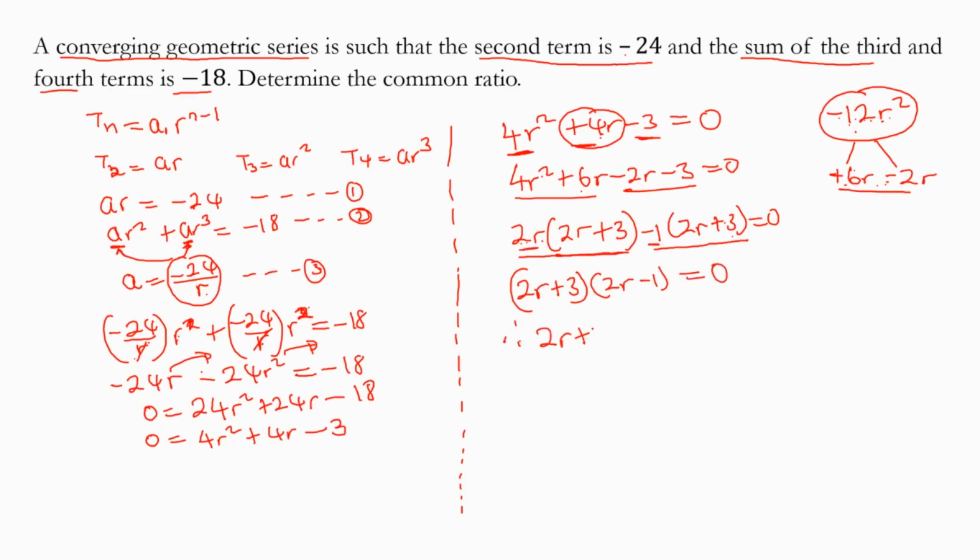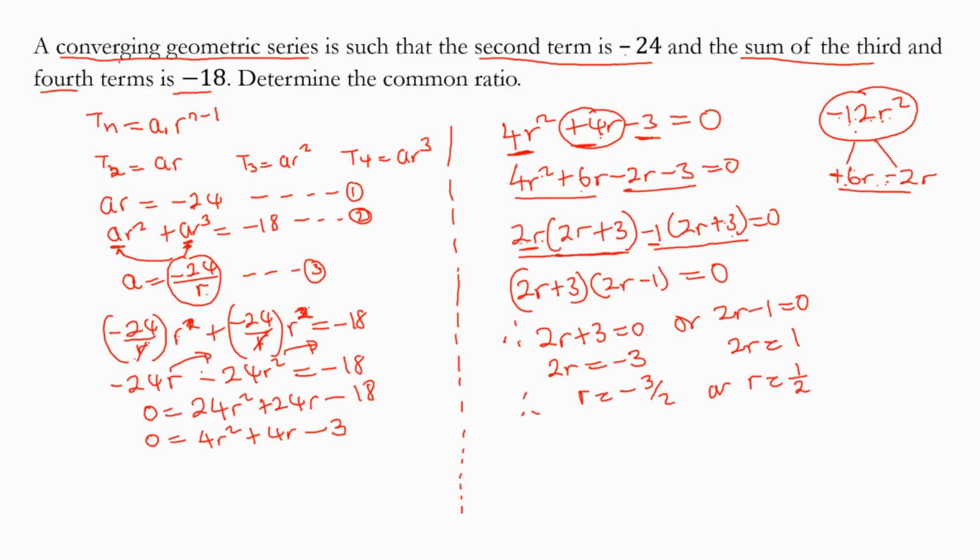Therefore, 2R plus 3 is equal to 0, or 2R minus 1 is equal to 0. Meaning that we have 2R is equal to negative 3, and this side 2R is equal to 1. Then R is equal to negative 3 over 2, or R is equal to 1 over 2.